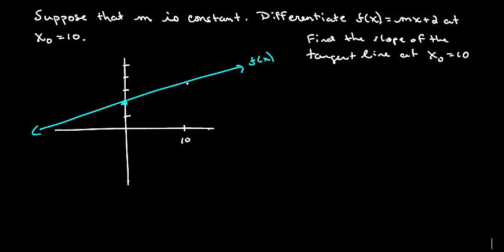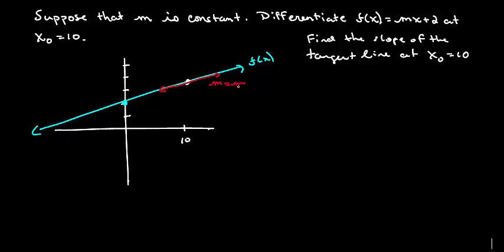So we're going to go up here, grab this point right here, and look at the tangent line. We'll notice that the tangent line is parallel and on top of f of x, right? The tangent line would run through just like that. So this tangent line is going to have the slope m. Their slopes are going to be the same, so when I do this process, I should get m back out.